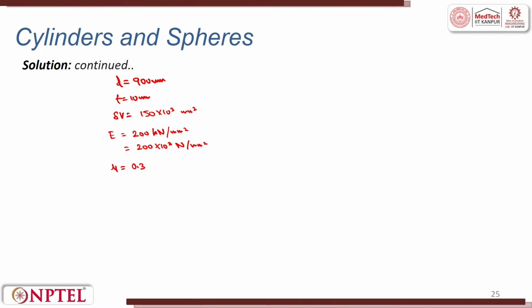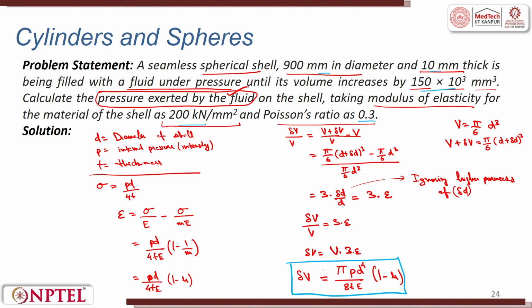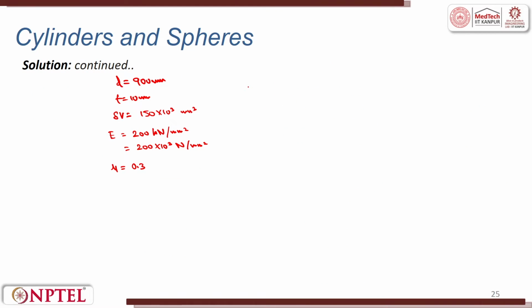Now, the question is, what is the pressure exerted by the fluid? So, P is the question mark. Now, let me try to calculate this. Directly putting all the values in the given relation, we know change in volume delta V is equal to pi P d power 4 by 8 TE into 1 minus nu.